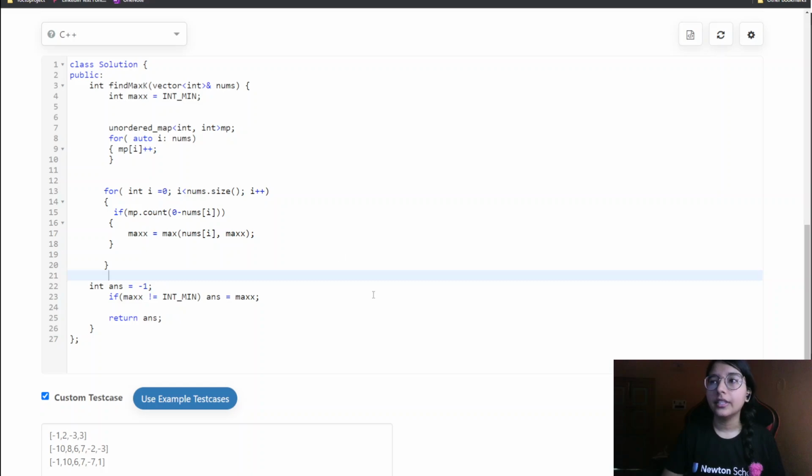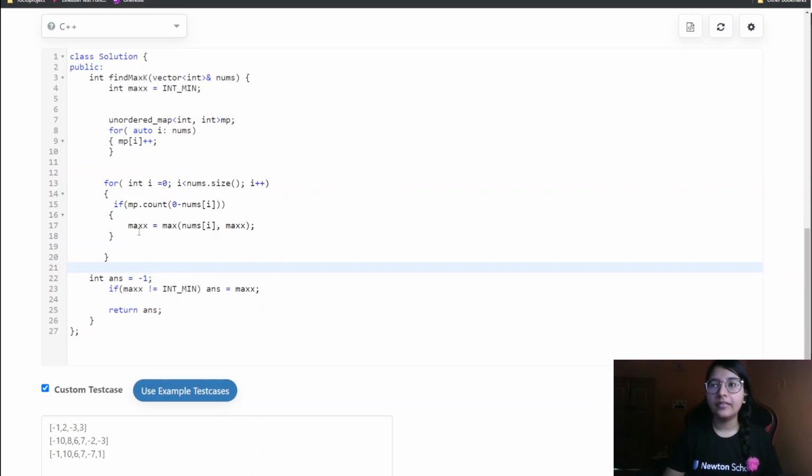Yeah. So here the thing is that we can directly check whatever number is there. Basically we need to check that if 1 is there, then -1 should exist, and if -1 is there, then 1 should exist, right? So the only thing we are checking is that if that particular number is negative, then after negating its sign, we check whether it exists.